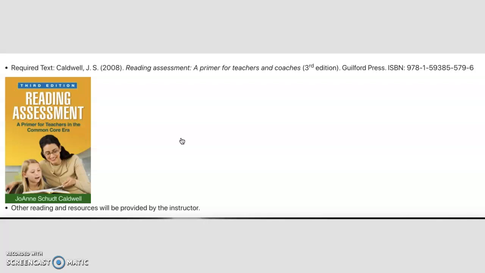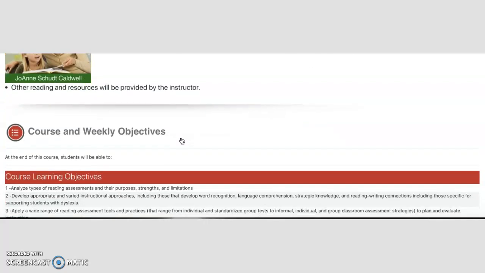I will be supplementing the reading with resources on some more current issues, for example, looking at assistive technology, discussing what many states have put in place to support our struggling learners that have dyslexia. There's many new rules on that. So I will supplement as needed, but this is an excellent text, one for your library.